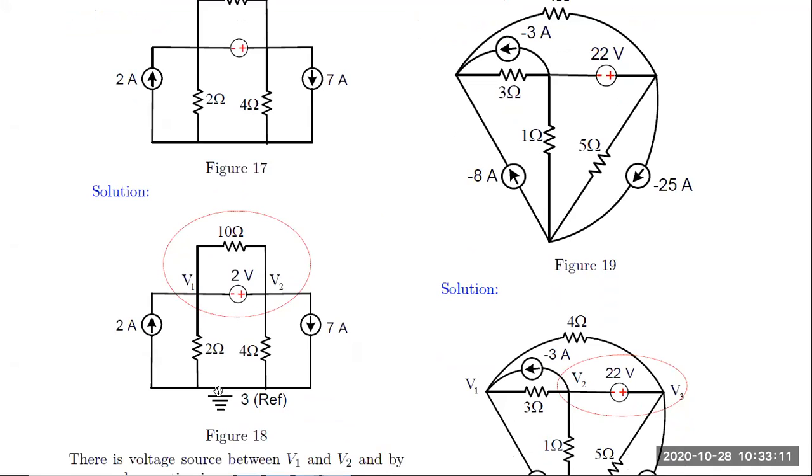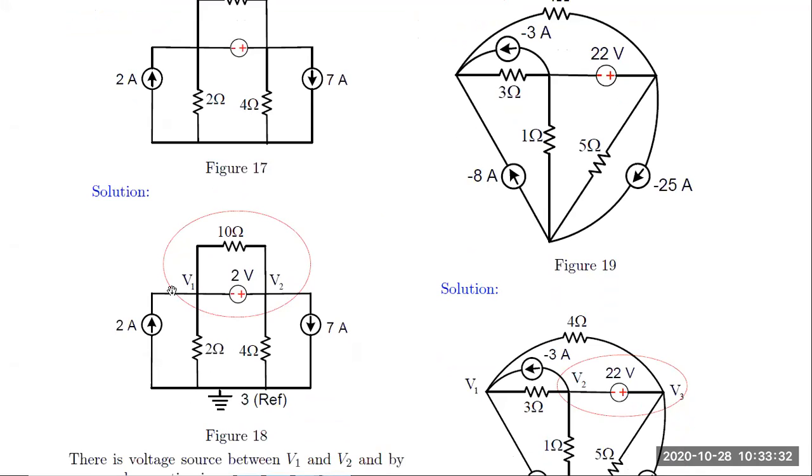Is there any other nodes? No, only 3 nodes: 1, 2, 3. The third one is the reference node, and the other 2 nodes, 1 and 2, we label as V1 and V2, the node voltages with respect to this reference node.